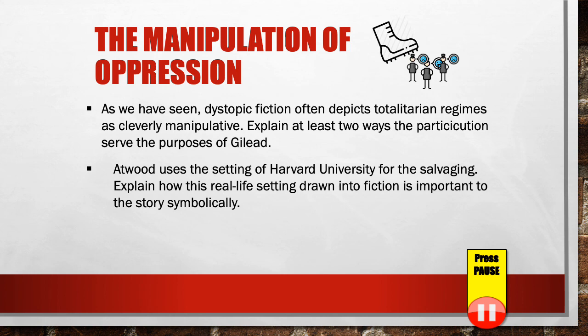Here we have the idea of an oppressive regime that's denying access to knowledge, and a persecution, which is the controlled manipulation of punishment and execution by the oppressed themselves, happening in a place where normally in pre-Gilead society people would be free to pursue their own knowledge and the building up of themselves intellectually.